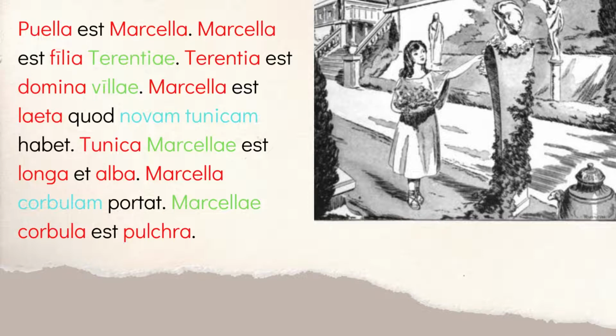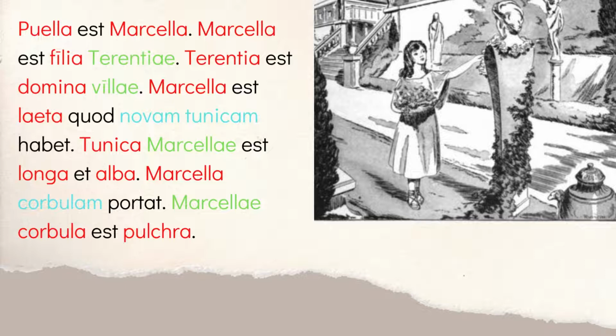Now, in the next sentence, this is where you want to really practice focusing on your noun endings and not the word order. It starts with Marcellae. So if you start there, you might think, oh, this is my subject. It's not. Marcellae corbula is a phrase going together. And basically what Road to Latin has done here is flip the order and put the genitive first. It doesn't really matter.